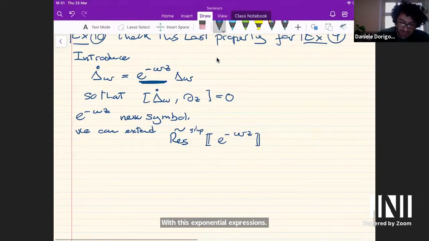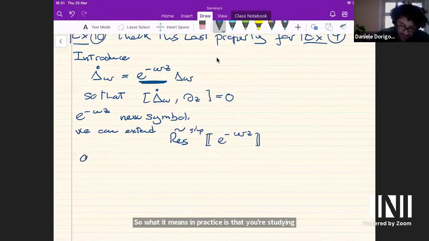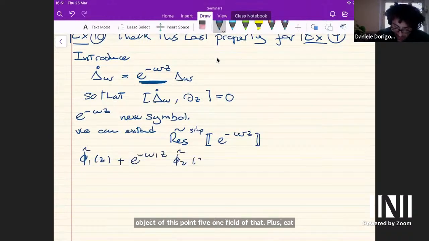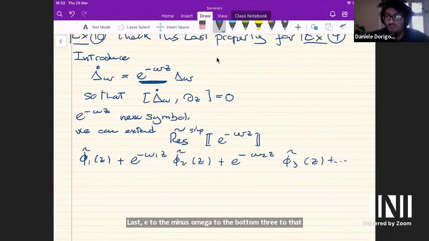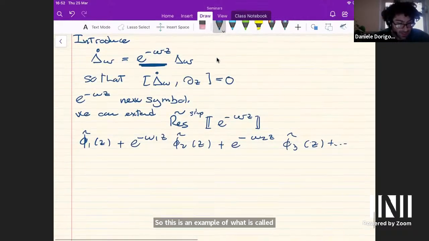What it means in practice is that you're studying objects of this form: phi 1 tilde of z plus e to the minus omega 1 z phi 2 tilde of z plus e to the minus omega 2 z phi 3 tilde of z plus dot dot dot. And these are objects that we have seen over and over during this school. So this is an example of what is called a trans-series.